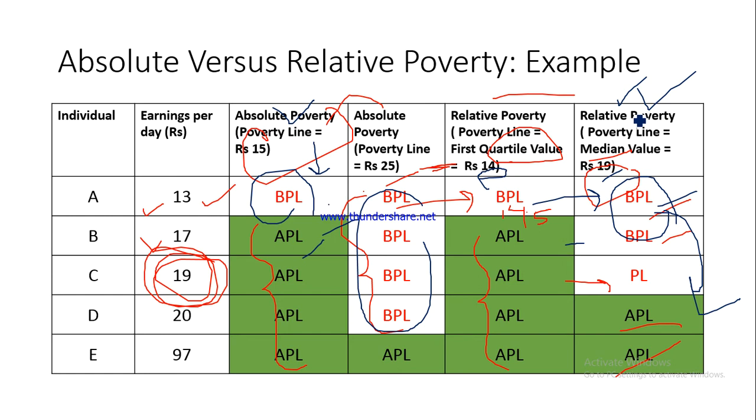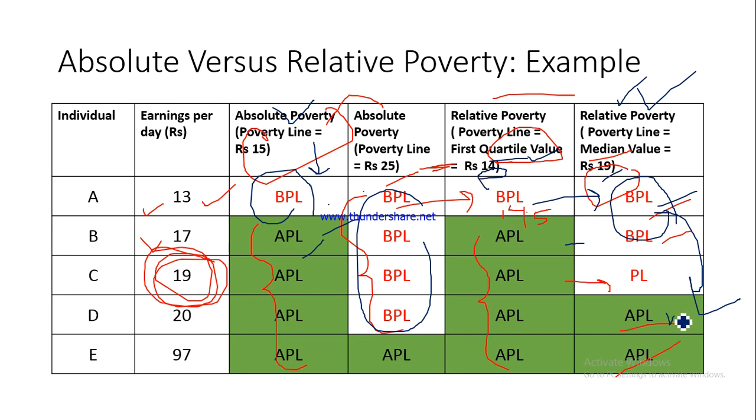Why? Because in relative poverty, if you use the median value as the poverty line, 50% of the population would be below poverty line. If you use the first quartile, 25% of the population would be below poverty line. If you use the third quartile, Q3, then 75% of the people would be below poverty line, right? Let me put it conversely. If you use the first quartile value, 75% of the people would be above poverty line. If you use the median, 50% of the people would be above poverty line.